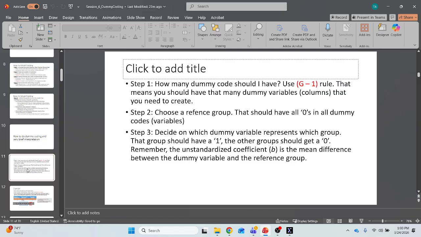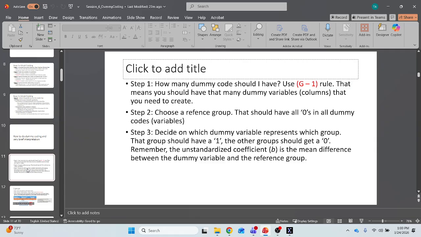Because that's the way that you can analyze the data, right? Because again, you need to do some comparisons. So you need to be comparing some group with another group. So you need to pick that one group first. Just pick one. So if I pick males, then my new variable is going to be comparing to the reference group, which is males.